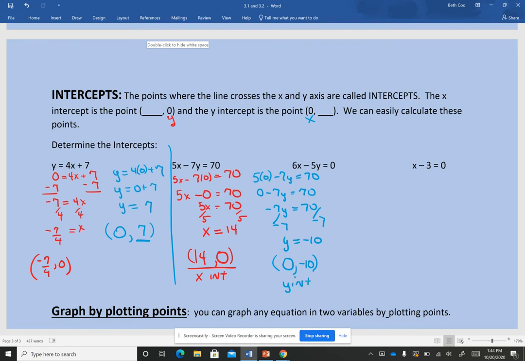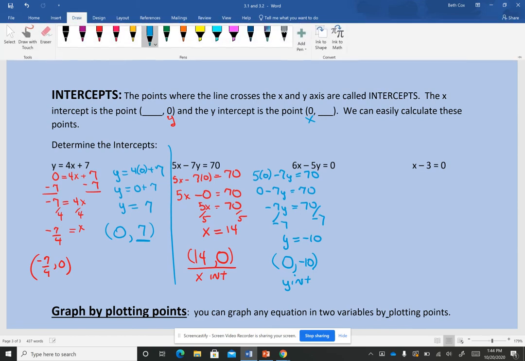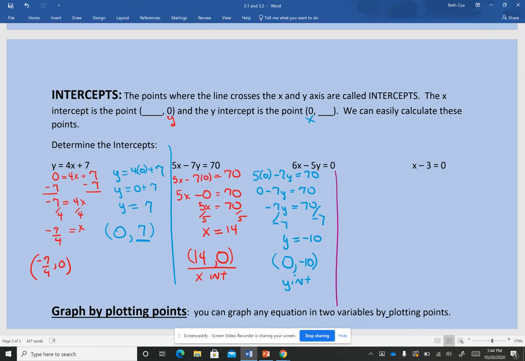Okay, keep going. This next one's kind of interesting. 6x minus 5y equals 0. So I'm going to plug in 0 for y. So I have 6x minus 5 times 0 equals 0. So I have 6x minus 0 equals 0, which is just 6x equals 0. Divide both sides by 6. I get x equals 0.